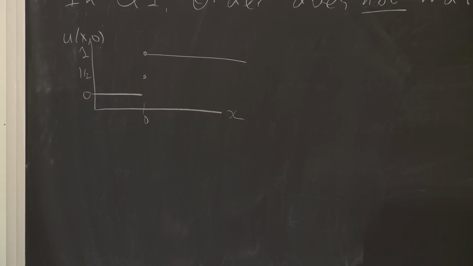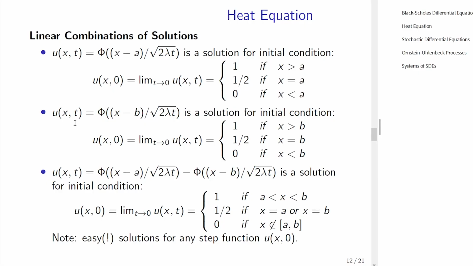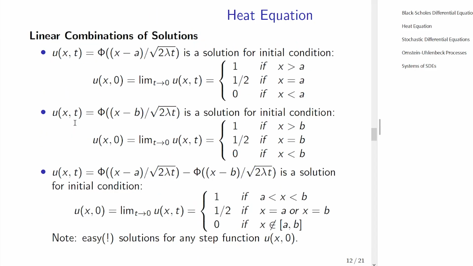Now, if we consider different linear combinations of this solution, we can consider taking, instead of u of x, 0 equaling this, u of x corresponding to phi of x minus a over root 2 lambda t.